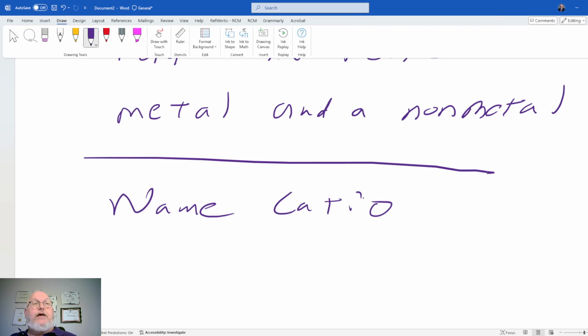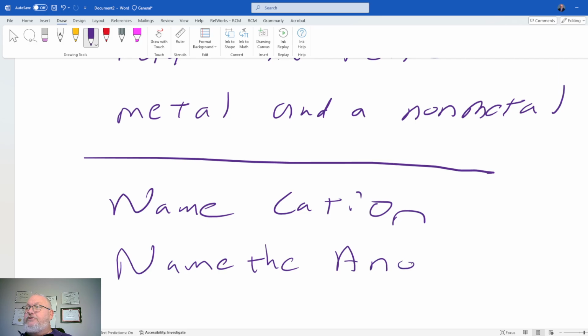So after we name the cation, then we got to name the anion, which is the negatively charged ion. It's pretty simple.